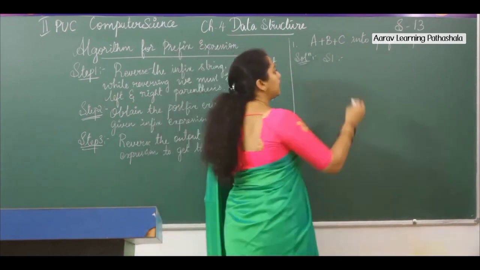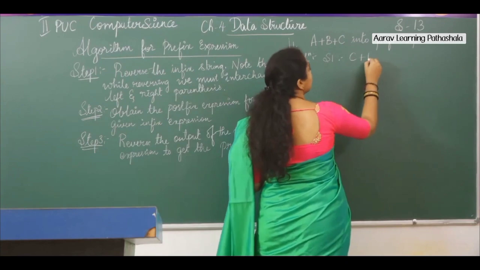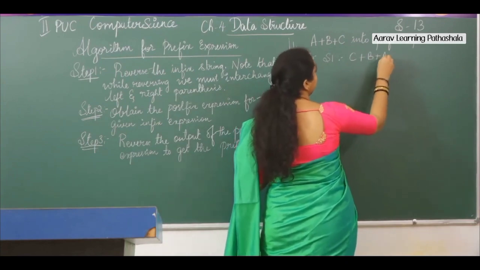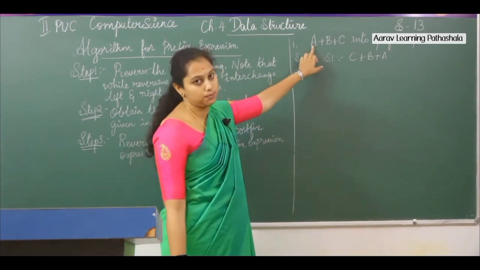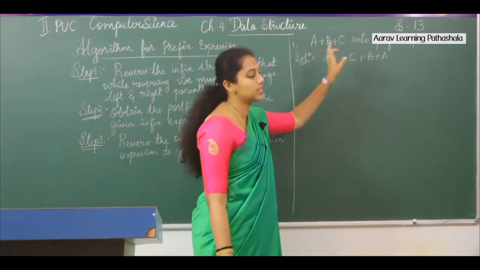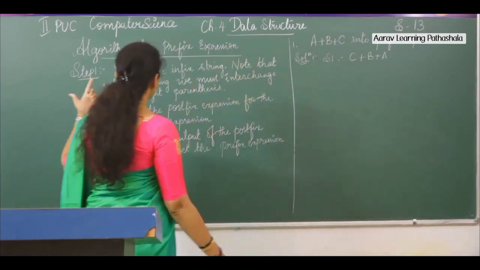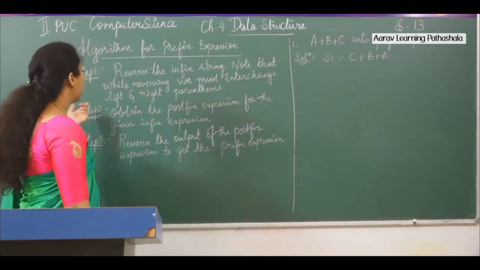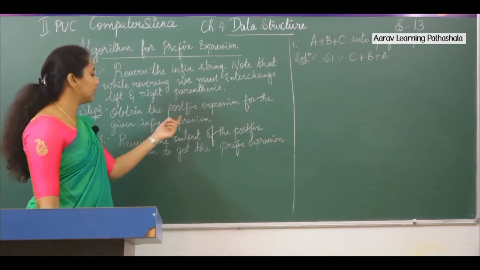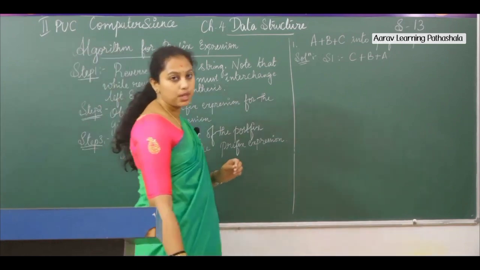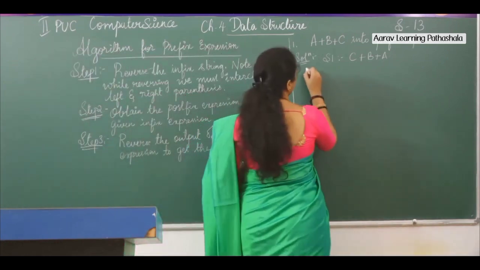It is nothing but C plus B plus A. So this is the reverse of the infix expression A plus B plus C. So what is the second step? Second step is obtain the postfix expression for the given infix expression. We have to obtain the postfix expression.